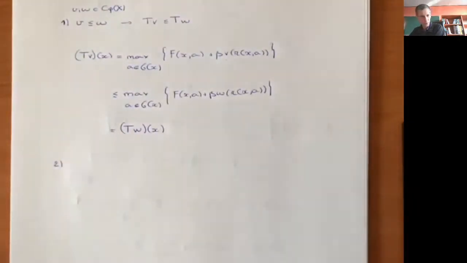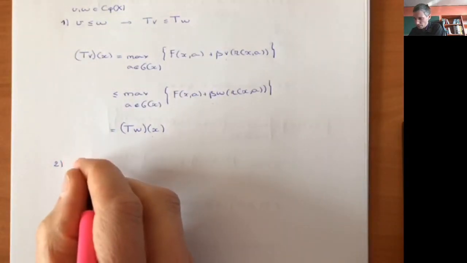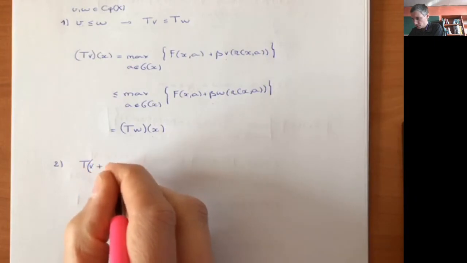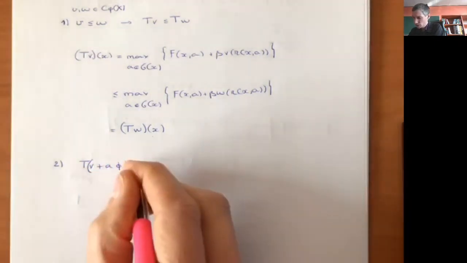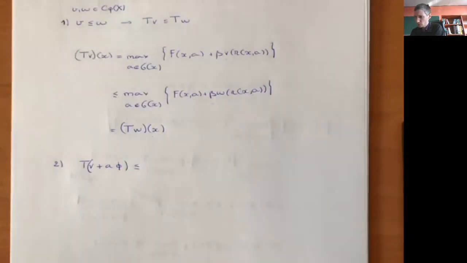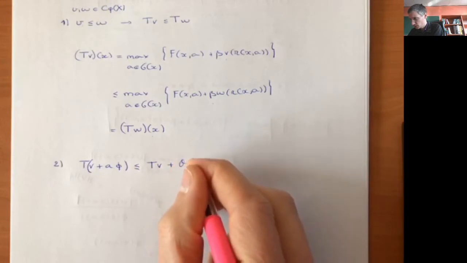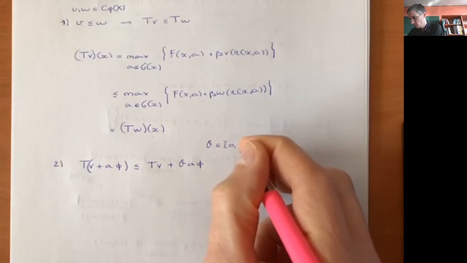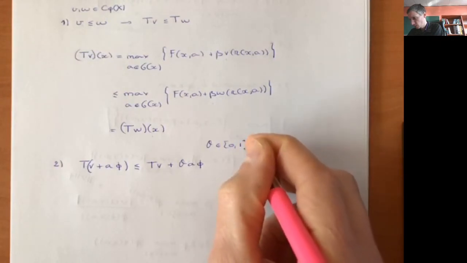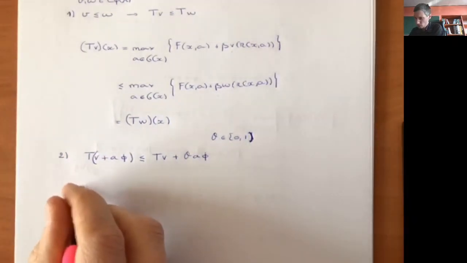And now for additivity, I need to show that T of v plus a psi is less or equal to Tv plus theta a psi for some theta greater or equal to 0 and strictly less than 1. So that was the additivity. So let's do this.